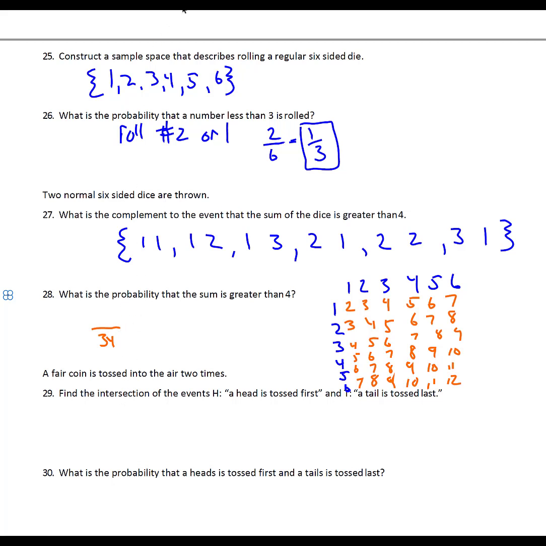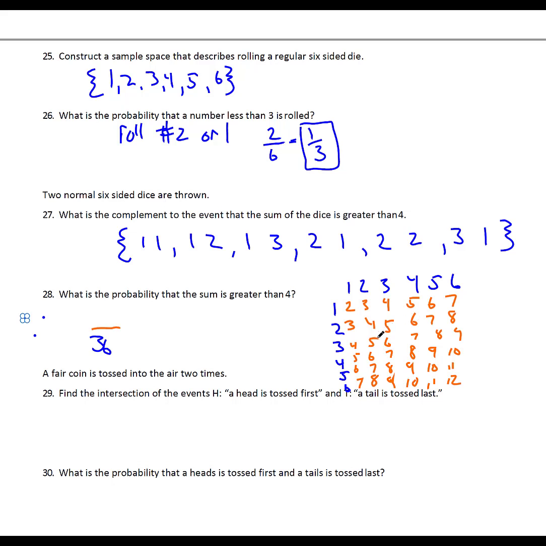Hold on, I have to write 36 instead of a 4. So over 36, we just need to count how many are greater than 4.